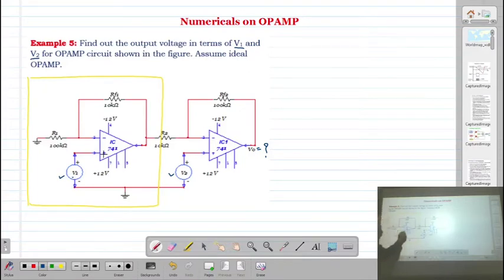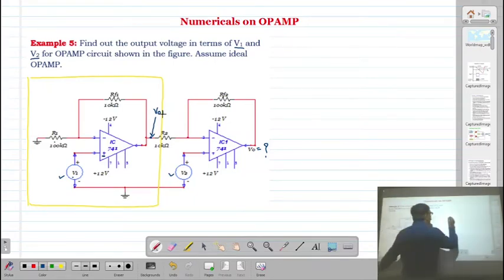Your input voltage is given to the non-inverting terminal, and this is the feedback resistance and this resistance is R1. So directly by applying the expression for the voltage gain of the amplifier, you can calculate the voltage at this point, or you can say the output of the first operational amplifier.